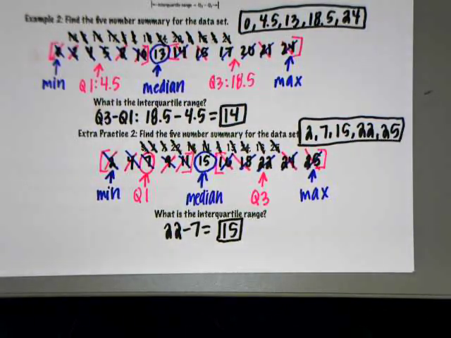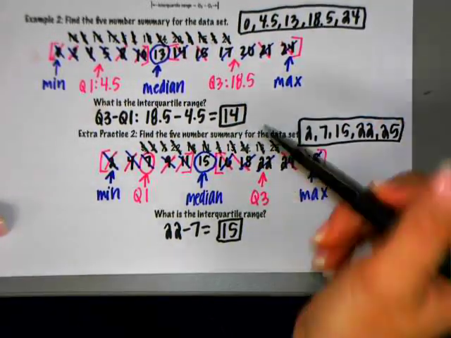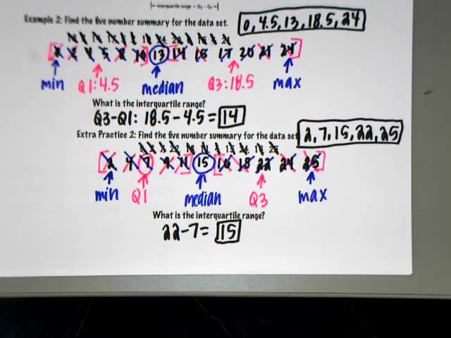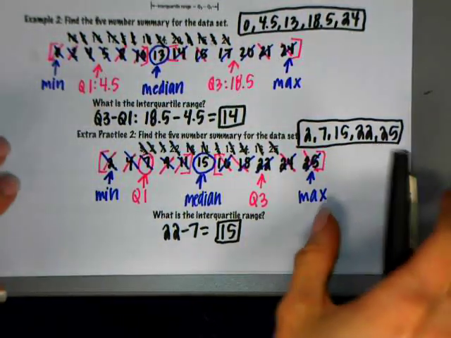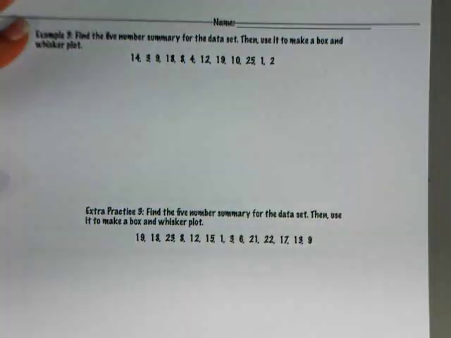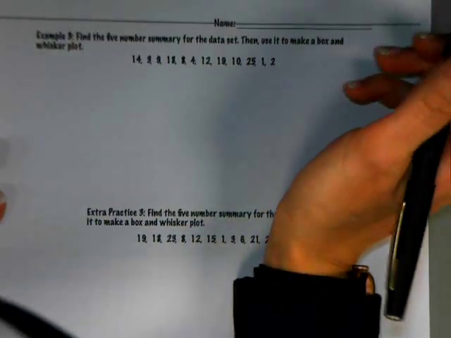Okay, so now we're going to do other ones. We're going to kind of combo what to do if you don't have a median right in the middle, and then also take our numbers and push it to the next step of actually making the box and whisker plot. All right. So let's put them in order.